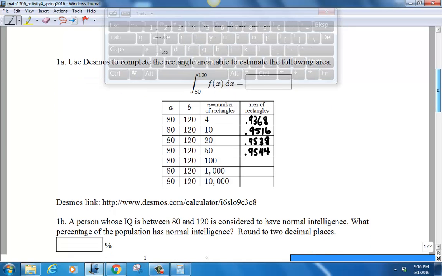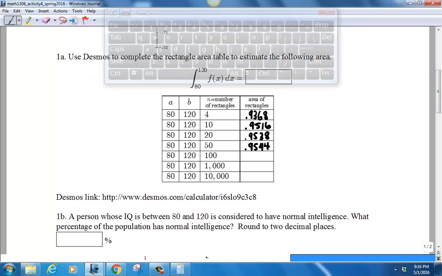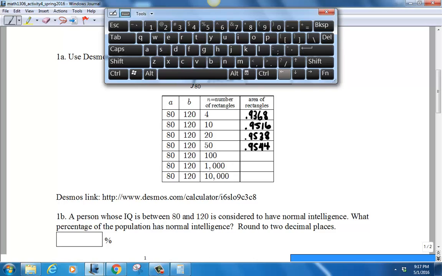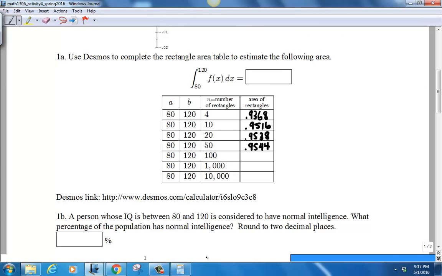All right, now how would we use that? Well, of course, we use that estimate exactly the way we did in the previous examples. A person with an IQ between 80 and 120 is considered to have normal intelligence. So we want to know what percentage of the population has normal intelligence, and that's how you can use your area estimate to give an estimated value for this percentage of the population that has normal intelligence.